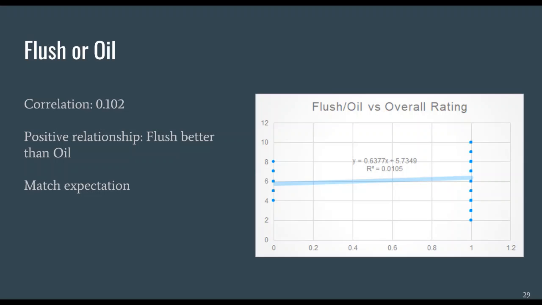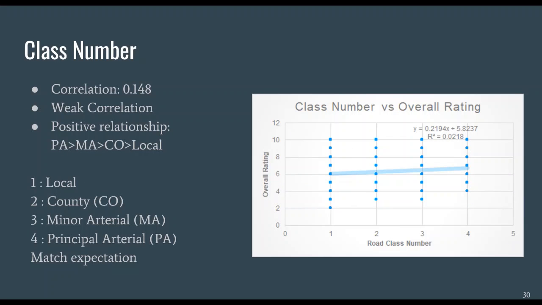Next is the flush or oil, and it matched our expectation that flush road is better than oil. The last one is the class number, and it also matched our expectation that the higher road class, which is PA, is better than MA, better than county, and better than local.